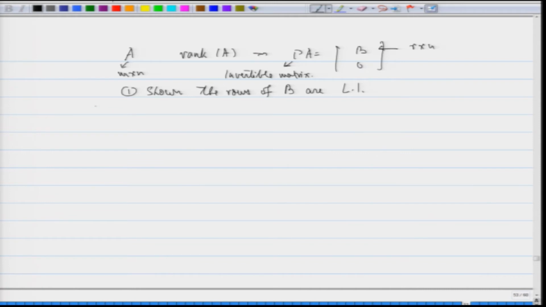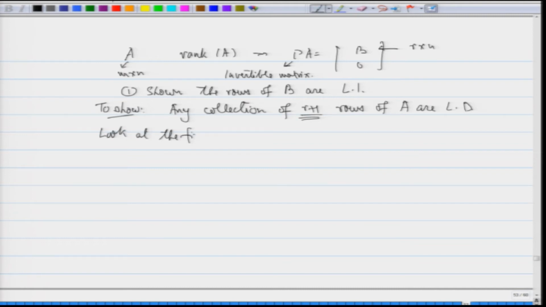So, now we need to show that any collection of R plus 1 rows of A are linearly dependent, any R plus 1. So, we will just look at the first R plus 1 rows of A, fine.